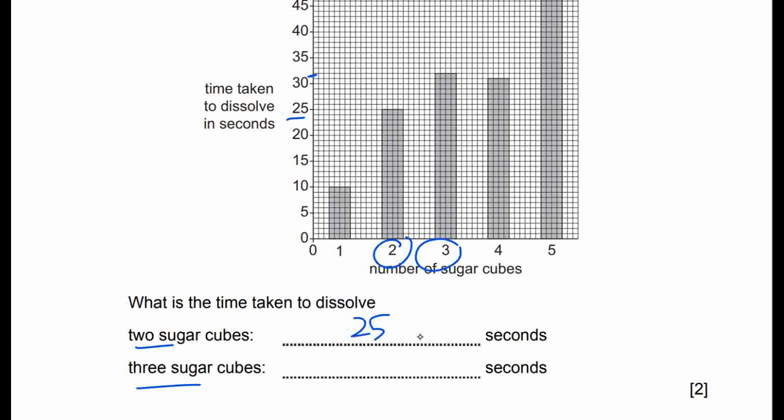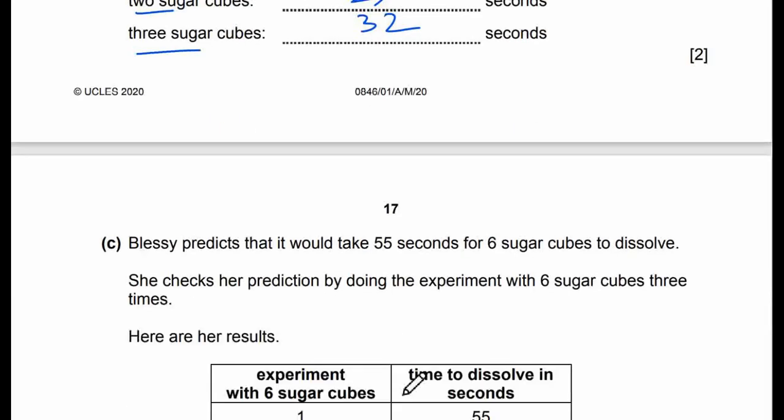So this line is between 30 and 35. One step is 1 unit, because the difference of 5 is divided into 5 small steps. So it will be 32. So let's get moving to question C.